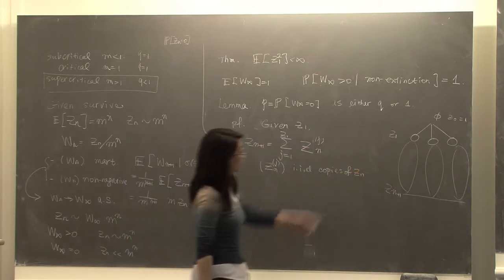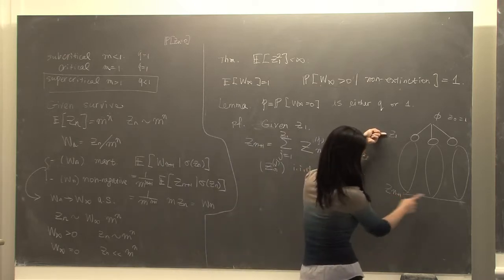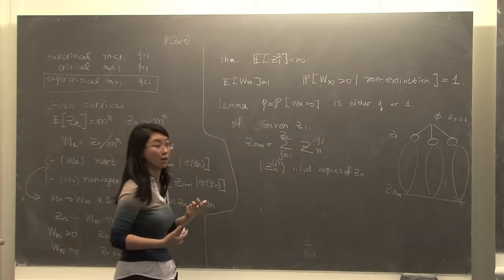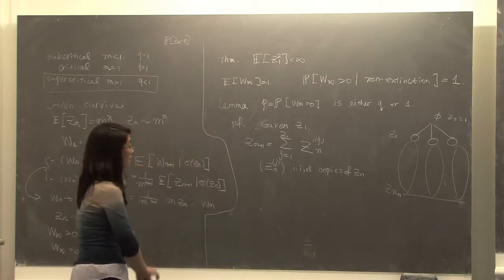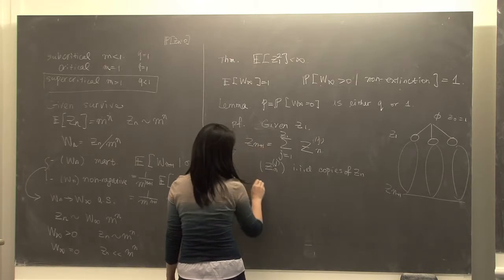Because we know that, given how many particles we have in the first generation, what happens here is just a Z1 independent copy of what happens to the nth generation. Now we normalize both sides by the expectation.